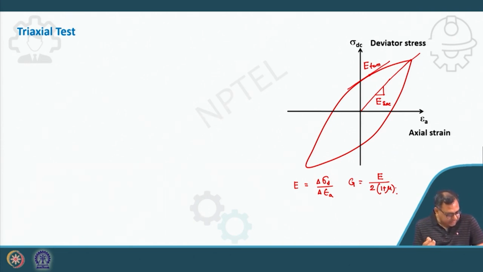Generally it is done with the assumption that shear stress is equal to half of the deviator stress. How is it possible? You know that shear stress is equal to sigma 1 dash minus sigma 3 dash divided by 2, into sine 2 theta.